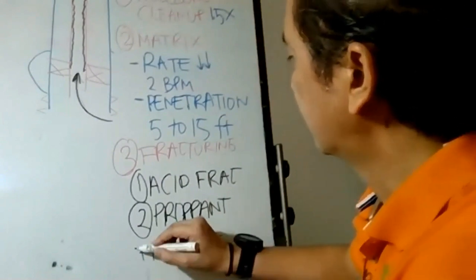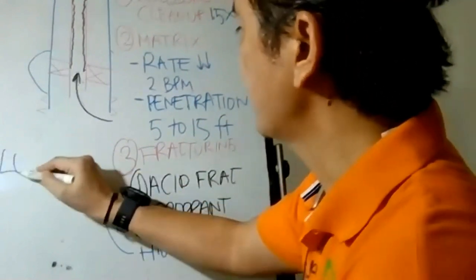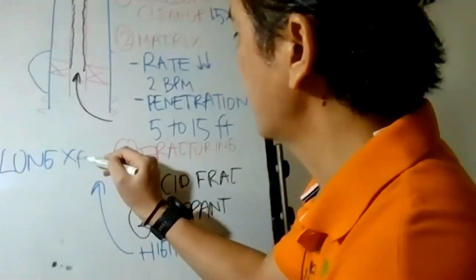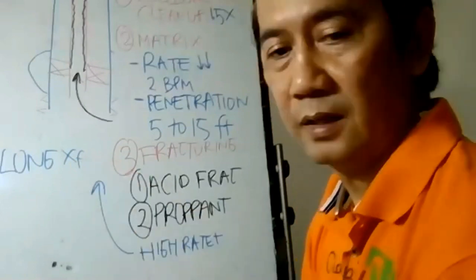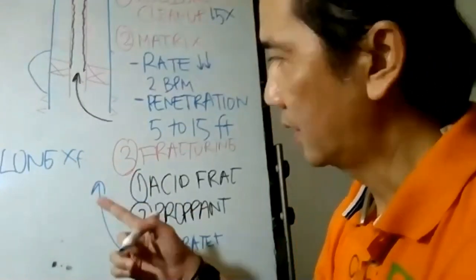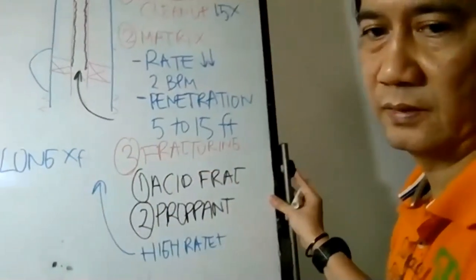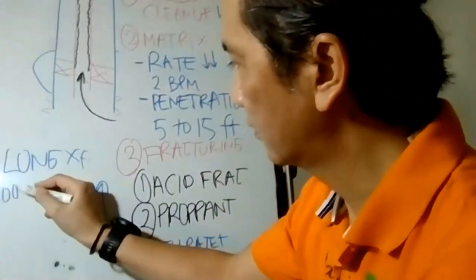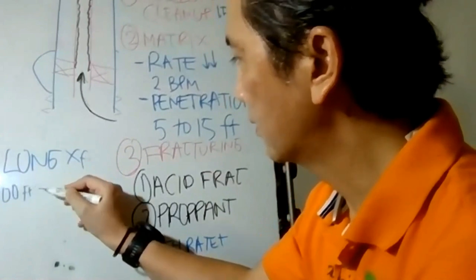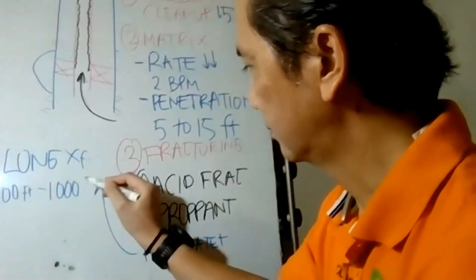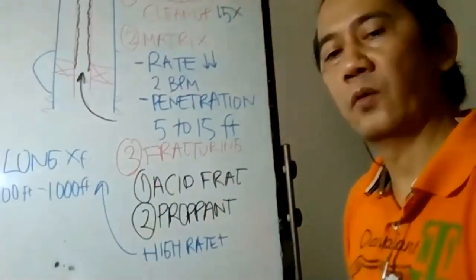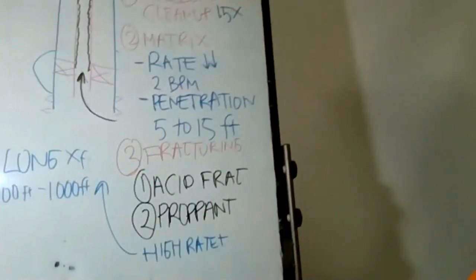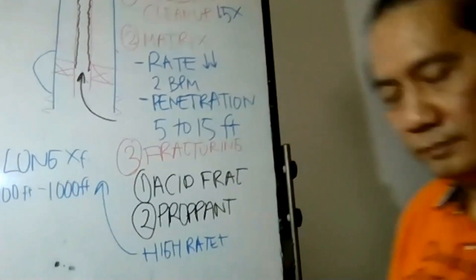Long penetration. Penetration half length is XF. When you talk about half length, we call it XF, right? So long XF, half length. Maybe 100 feet. It could be 1,000 feet from the wellbore, very far away, all right? So that is fracturing, my friend.